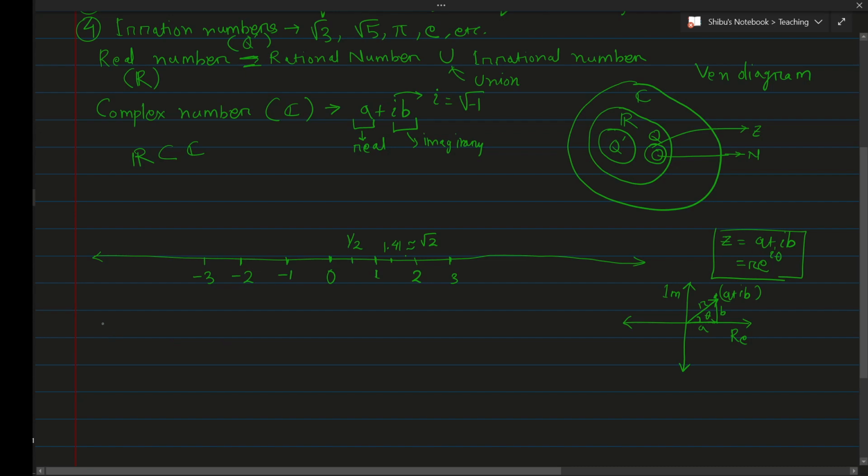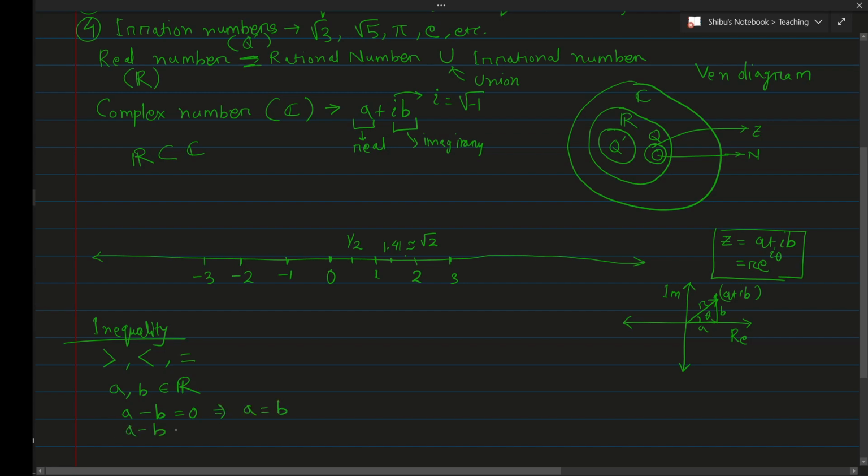Now I will discuss something about inequality. In inequality we have three symbols: greater than, smaller than, and the equal symbol. Let's say we have two numbers a and b belonging to R. Now we find a minus b. If it is equal to 0, then we say a and b are equal.